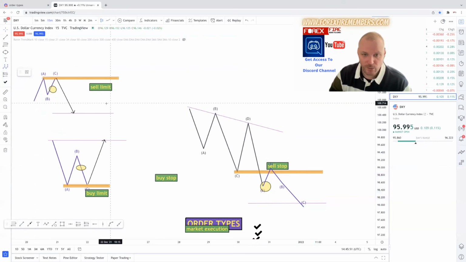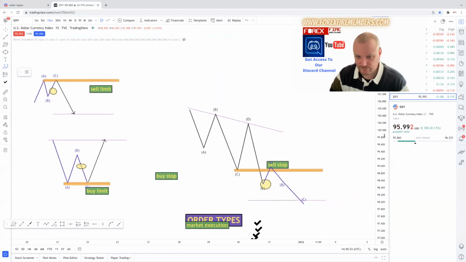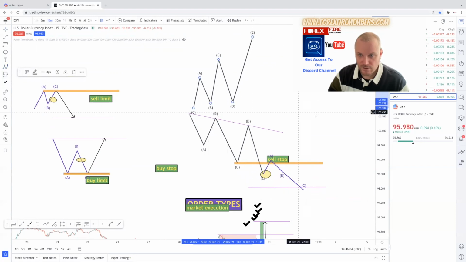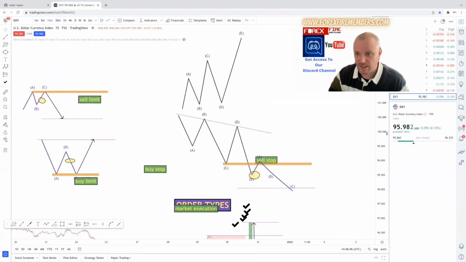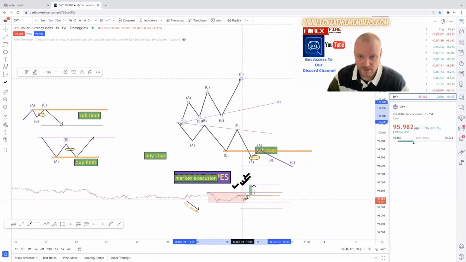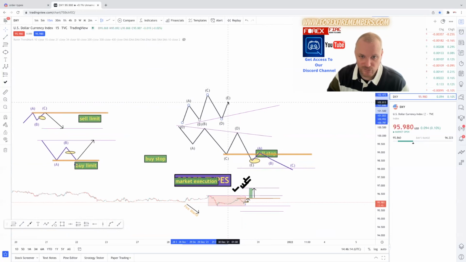And the same again if we were looking at the buy stops. We've identified the trend, where it's been rejecting a couple of times off here. We've got our high, a higher high.